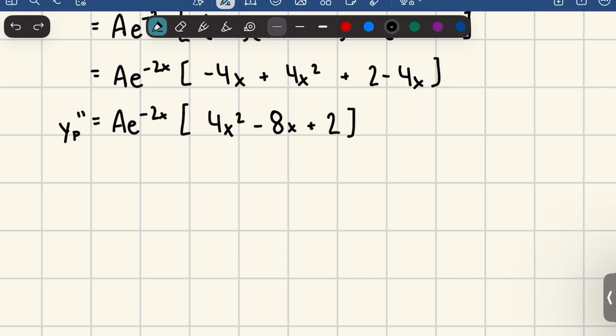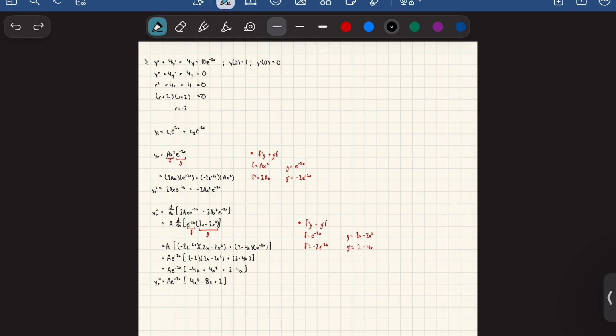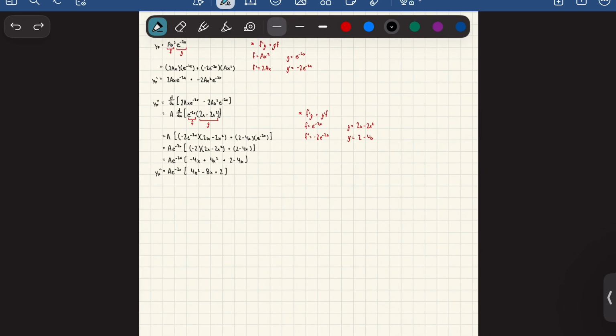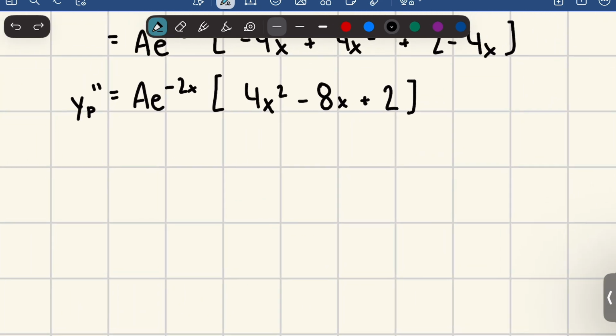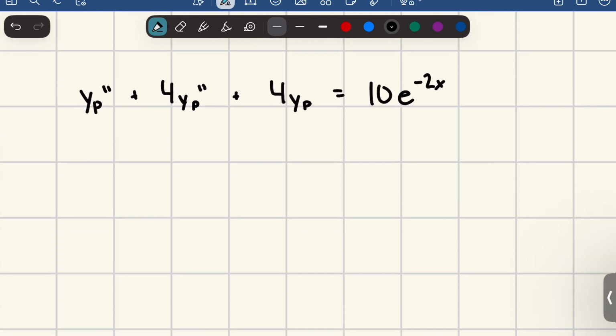What is it? yp double prime is 4y double prime plus 4yp. Okay, now I have to sub all my stuff into here.